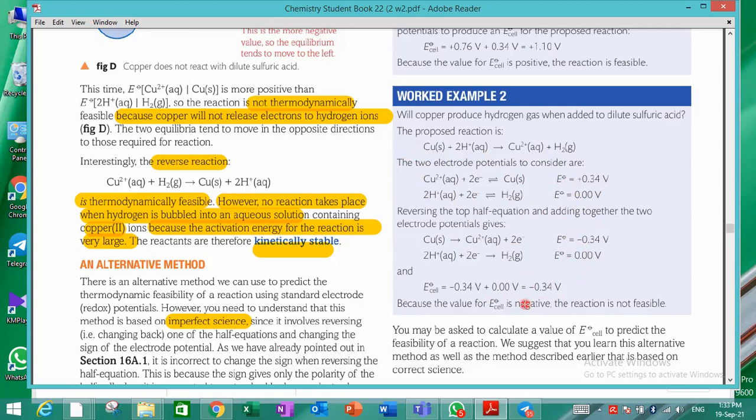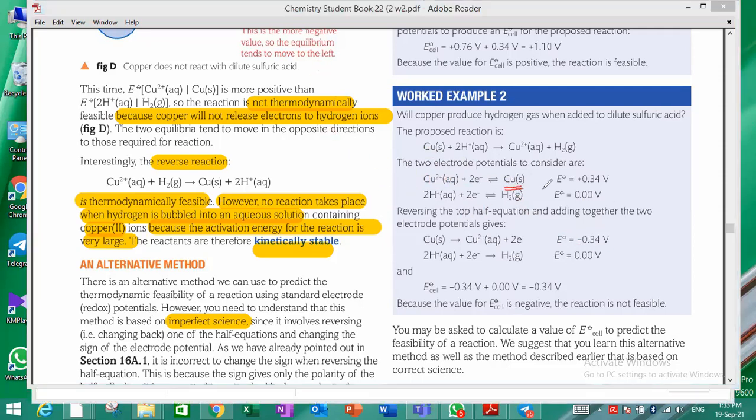So if we want to find out whether copper will react with 2 hydrogen ions, we are going to arrange our equations so that copper comes as the reactant. So here I'm going to reverse this equation so that copper comes as the reactant. We have to flip the equation, and the hydrogen one will be up and copper down. But if by mistake I leave them as they are, and they ask to predict whether copper will react with H positive, I look at this equation and I see that the copper is present as a product, but here it should be a reactant.